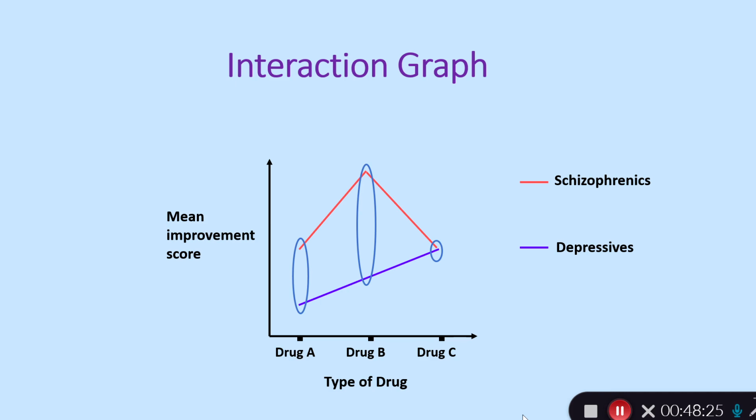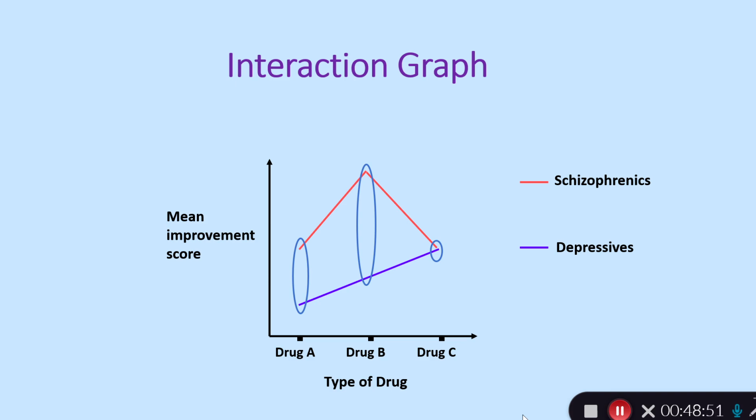Firstly, we're just looking at drug A and ignoring the other 2, and then we're comparing the improvement score for schizophrenics to depressives. And what we'd likely see here is that schizophrenics have a significantly higher improvement score on drug A than depressives.